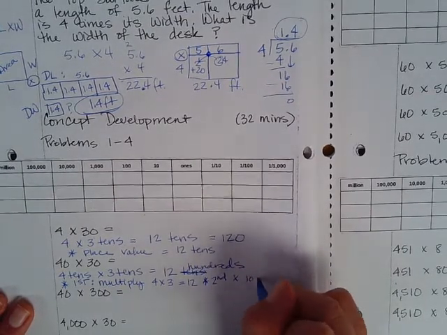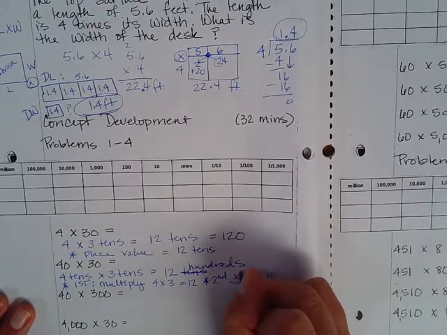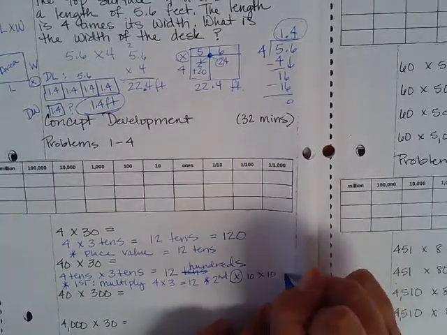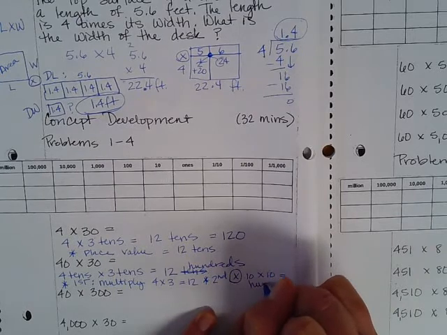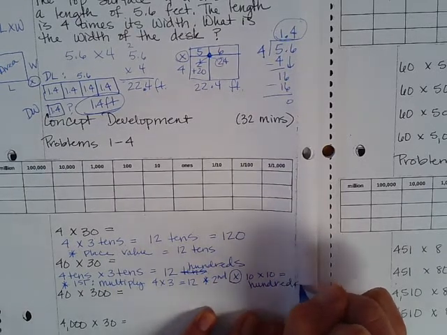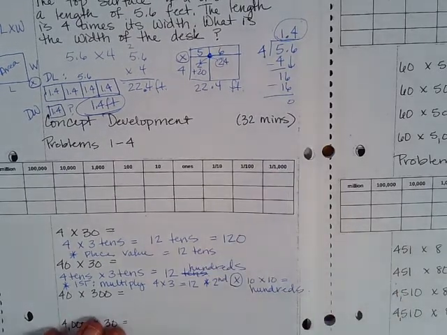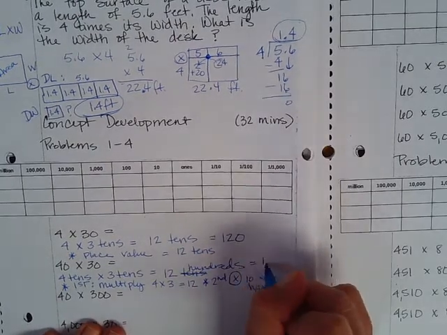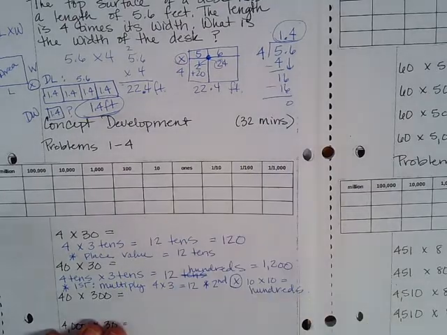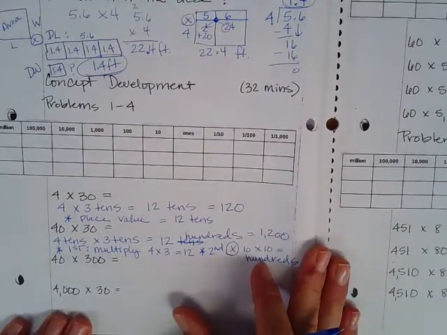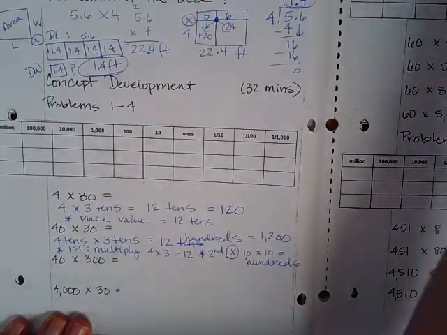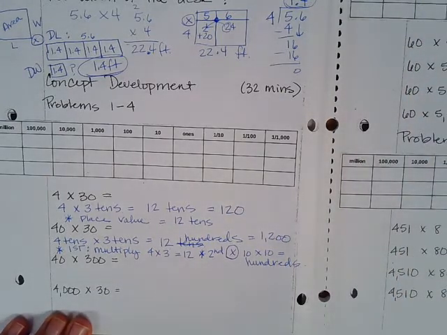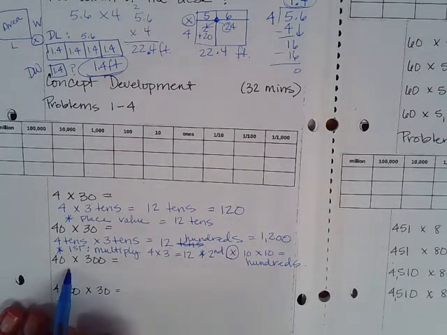Multiply 10 by 10, which equals hundreds. So 12 hundreds is equal to 1,200. Are you guys writing this down? Are you making sure to take notes? Okay, perfect. All right, let's go to number 3.